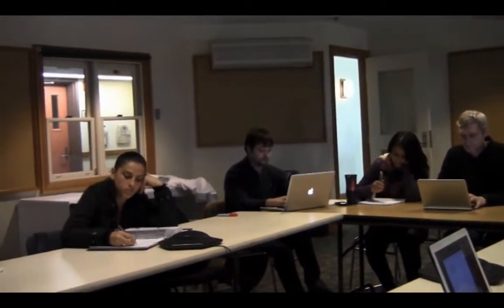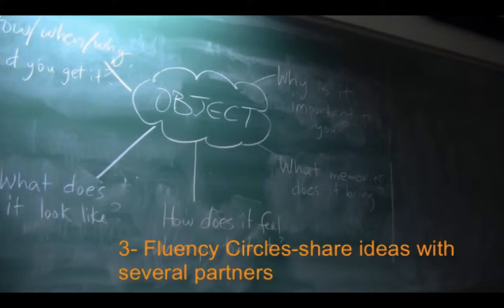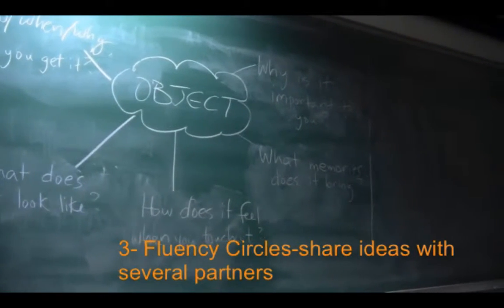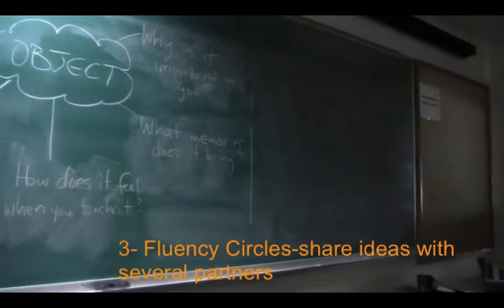Okay, now that you have a few notes, with the person next to you, share some of the answers to your questions. Just talk about it. I'm going to ask you to stop in a moment. Take just a second if you want to add any notes to what you have. Then I'm going to ask everyone to get up and move to the back of the room. And here's what we're going to do.